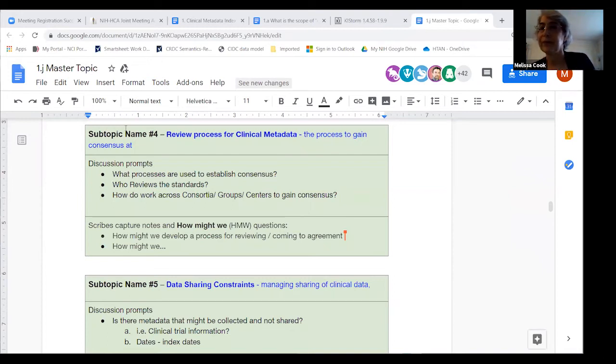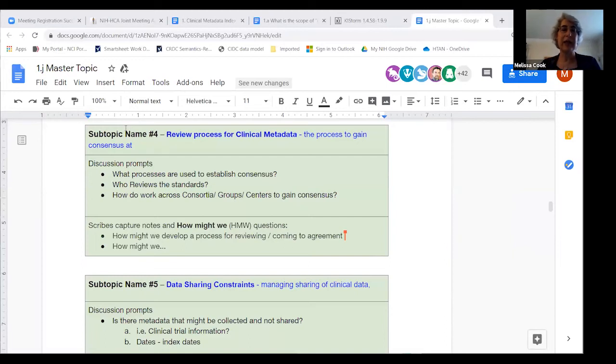Melissa, this is Sean. Could you say just a bit more about what you think we should come to agreement on in reviewing metadata? Like core metadata? So, well, Sarah, you can help me out since you brought this forward.